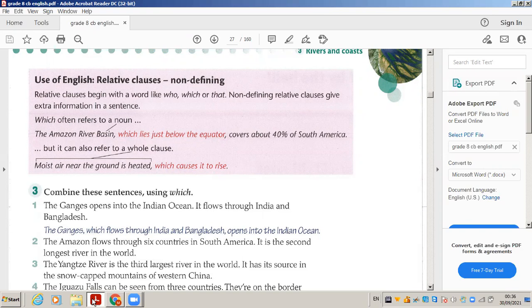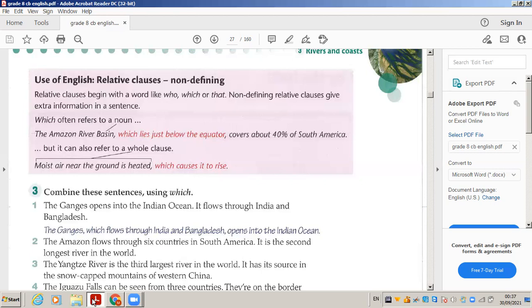Clauses are a group of words that contain a subject and a verb, and it can give a complete meaning, so it can stand on its own.